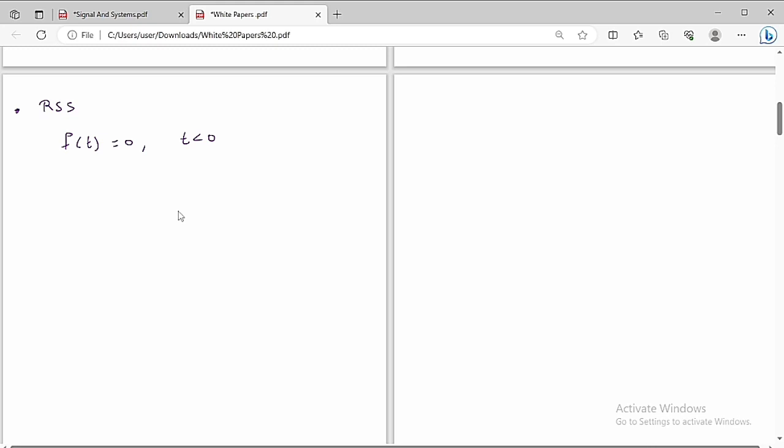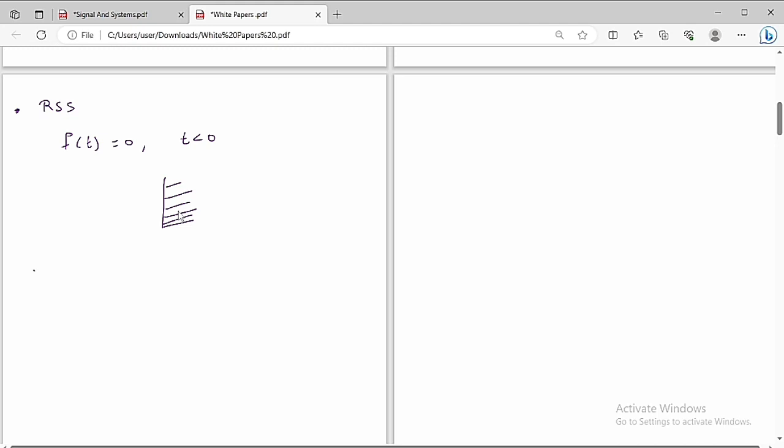Then what is the ROC? The ROC is always to the right side for the Laplace transform. It will always be towards the right side.